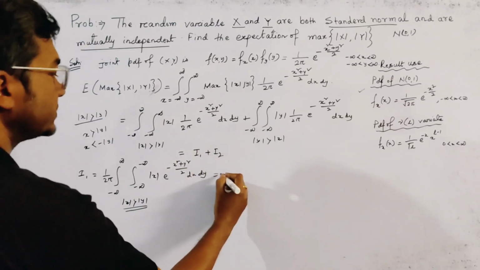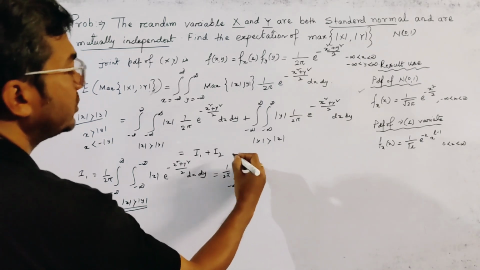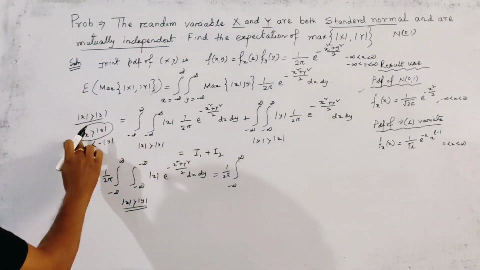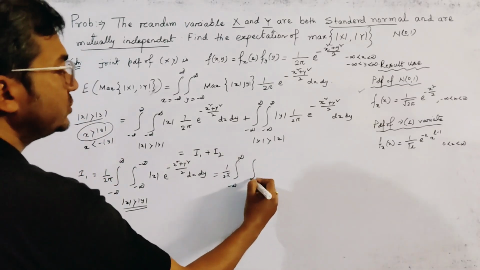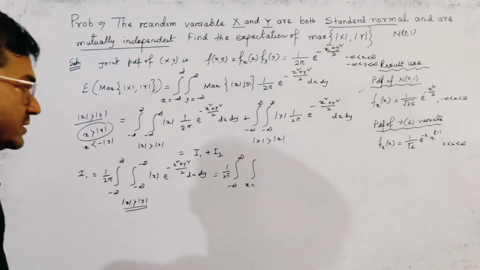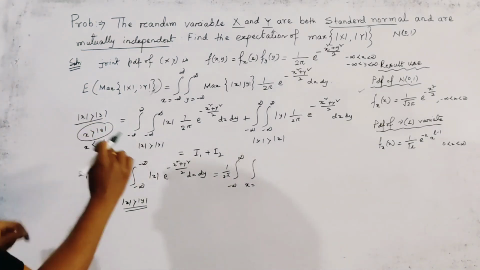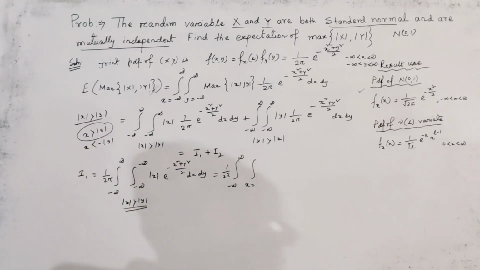The first part is given by 1 by 2 pi integration from minus infinity to infinity. Here this is x greater than mod y. So the range of x starts from mod y and ends at infinity, because the range of x is also minus infinity to infinity.